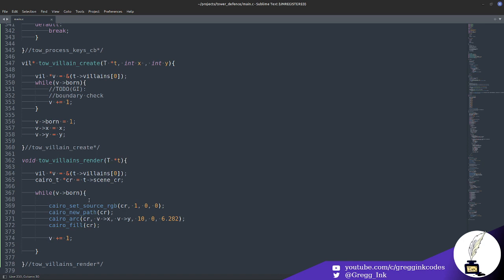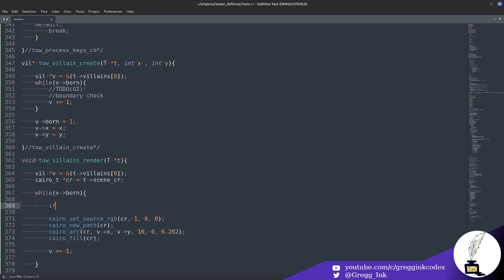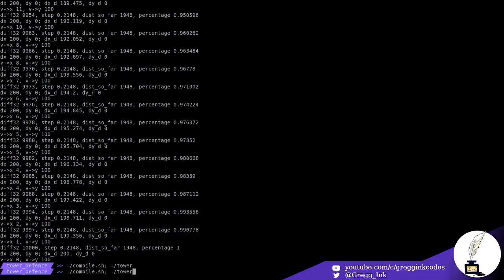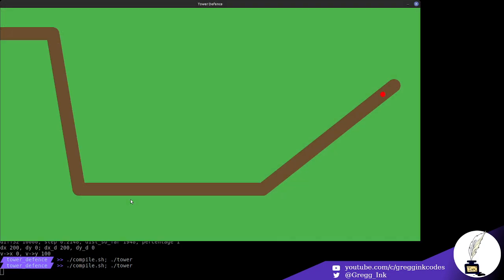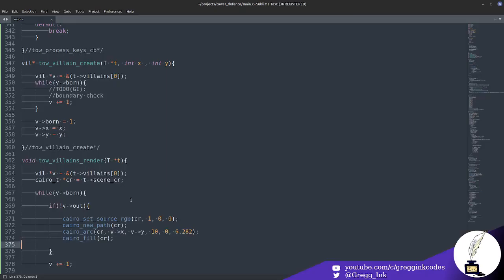So if not v out, okay, so it won't show up anymore on the screen. I'm sure I'm going to improve all that later, but for now it goes, it goes, it goes. I have to reduce that time again, but okay. And then out.